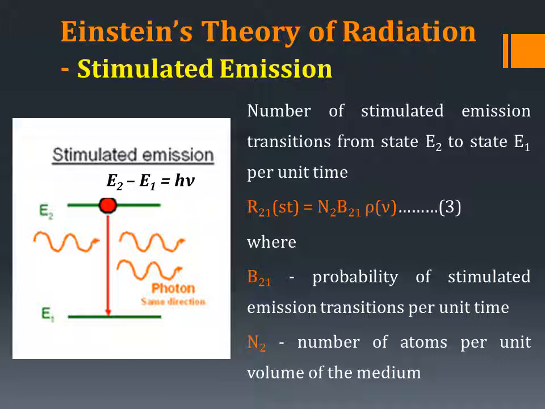In order to remove the proportionality sign, we introduce a constant called B21, which denotes the probability of stimulated emission transitions per unit time. Therefore, R21 ST is N2 B21 rho of nu.